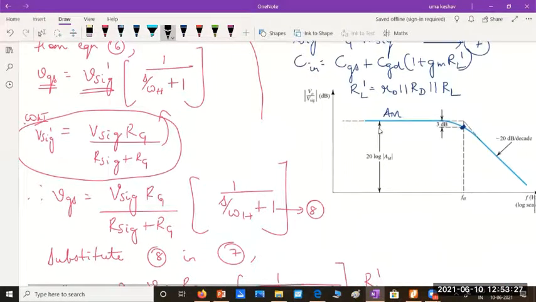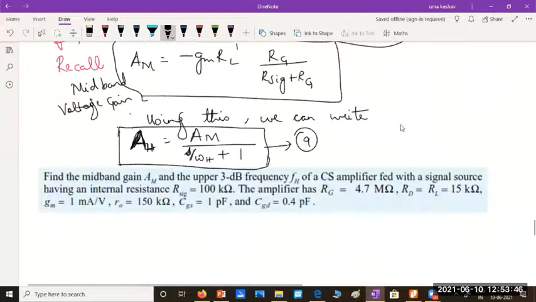Now coming back to this diagram, how do I obtain the point FH? What will the gain at this point FH be? Minus 3 dB if I'm writing AM in terms of decibels. If I'm not writing AM in decibels, I'll show you here.